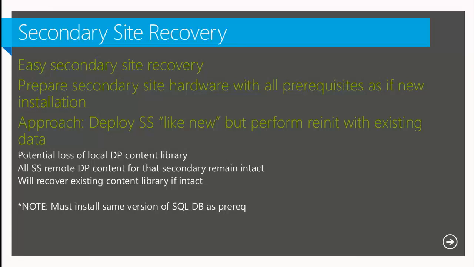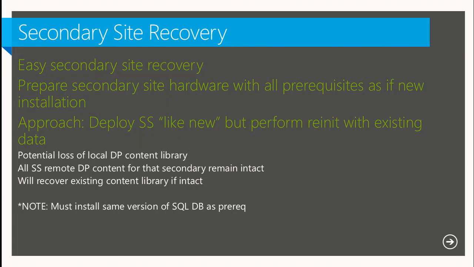And so you may lose a secondary site server, and you may want to say, I've got all of this content, these DPs pointing to the secondary site server, and you're wanting me to re-push all that content down again?